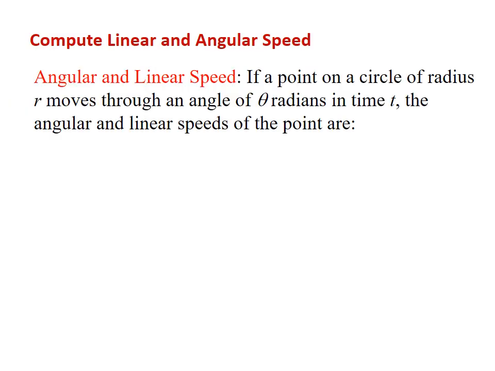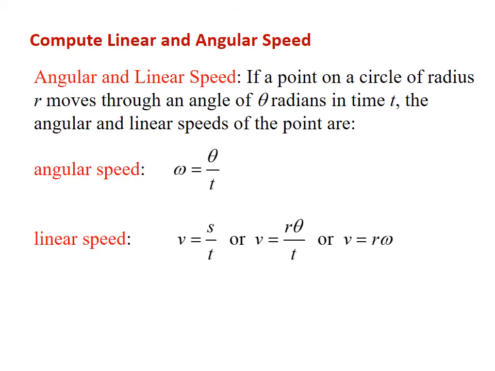Moving on to linear and angular speed. Basically, think of angular speed as a wheel rotating, or think of a pebble in a wheel. And think about how quickly that pebble is rotating around.